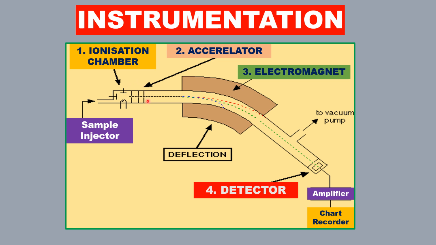And second, this part is called accelerator, and this part is called electromagnet or deflector, and this part is called detector, then amplifier, chart recorder, and to computer. We have sample injector. The organic sample is vaporized and injected through this to the ionization chamber. Okay, let us now describe each component separately.